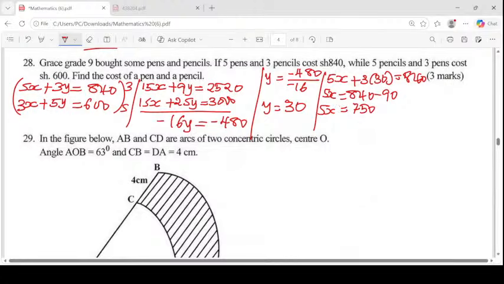Then x will be obtained by taking 750 divided by 5 to give you 150. So they want the cost of a pen and a pencil. A pen was x, so a pen is costing 150 shillings. Then a pencil is costing 30 bob.